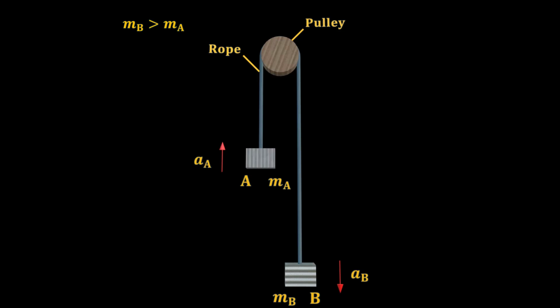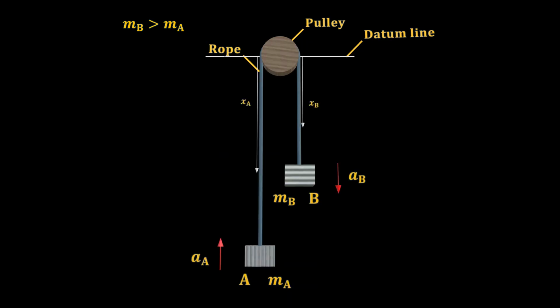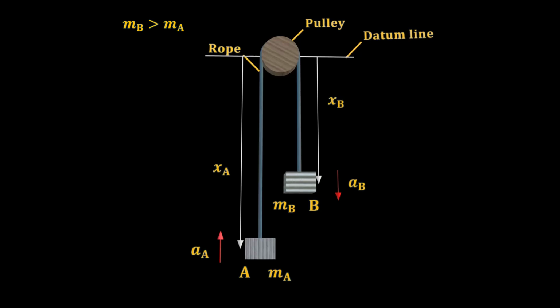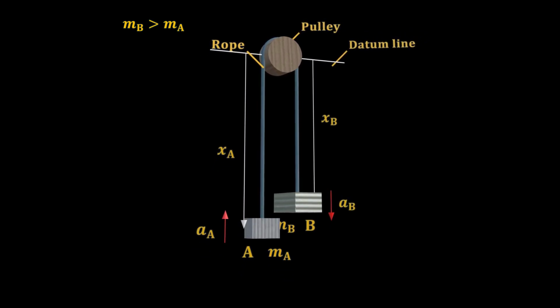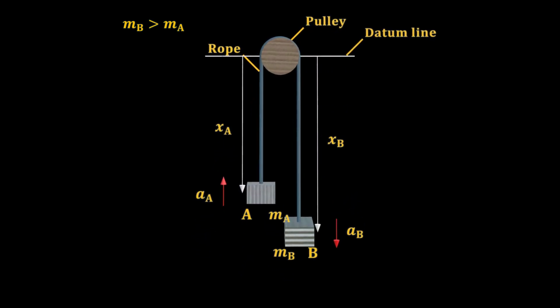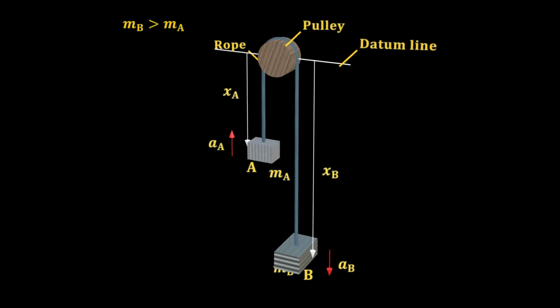To analyze the problem systematically, let us draw a horizontal line called a datum line that passes through the center of the pulley. The displacement of object A from the datum line is XA downwards, and that of object B is XB downwards.